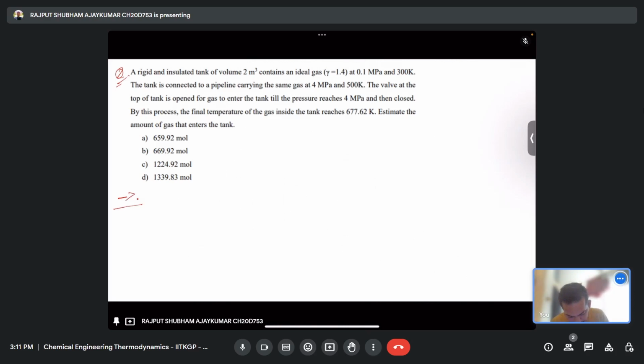So I will write. This is an ideal gas, gamma equal to 1.4.